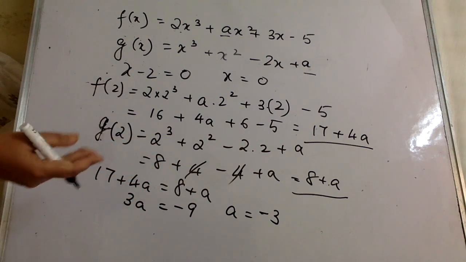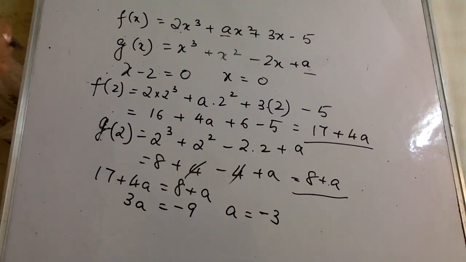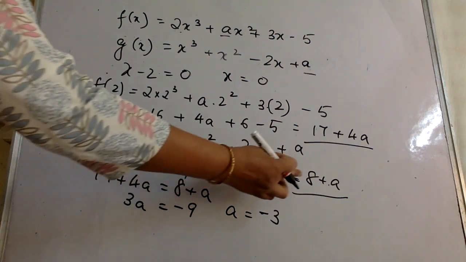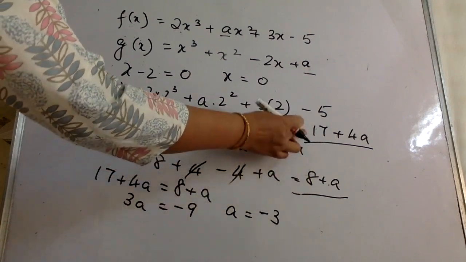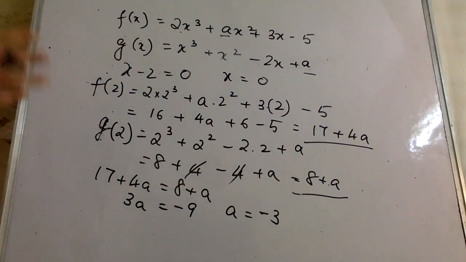So they had asked us to find the value of a. Now they had already told, as you can see in the question, that they give the same remainders. So even if they say find the remainders in each case, actually the remainder is going to be the same. The remainder in each case is 8 plus a, because they are finally equal. So if you just find it once, good enough.